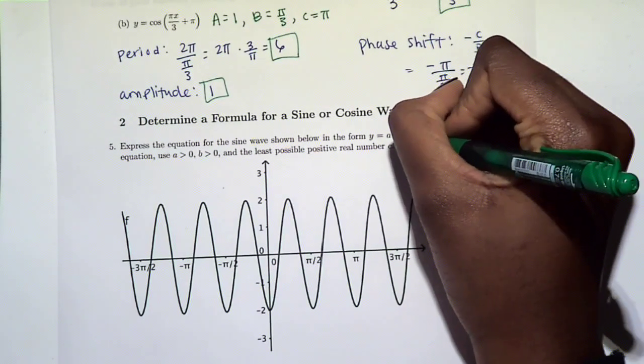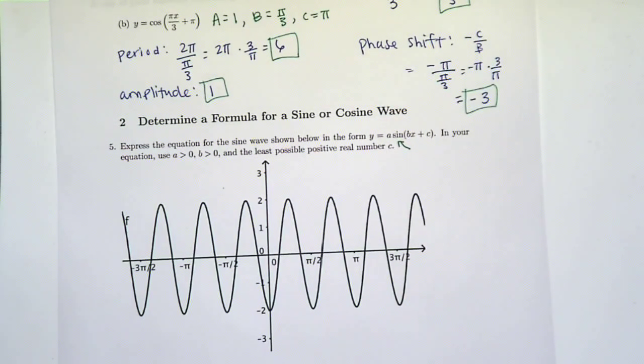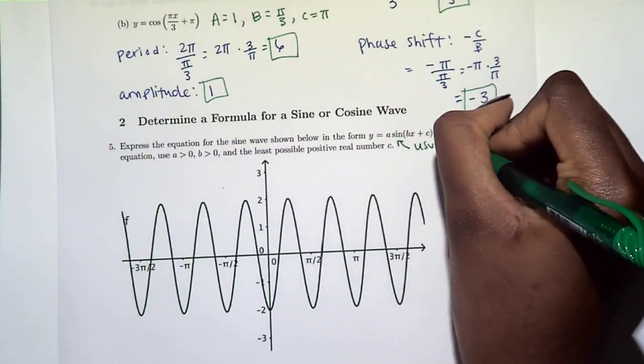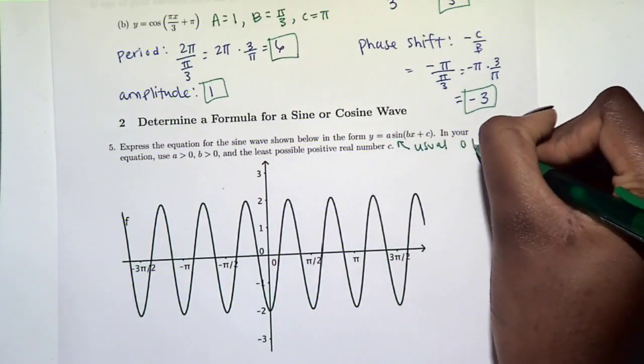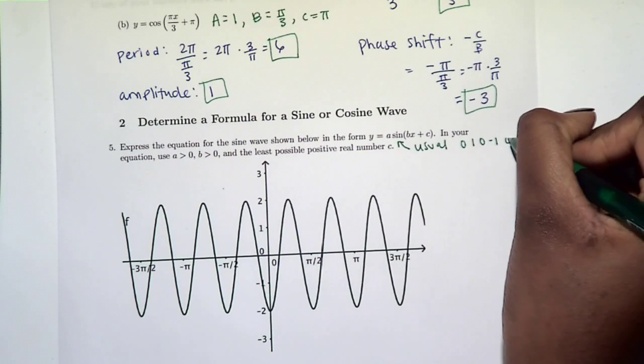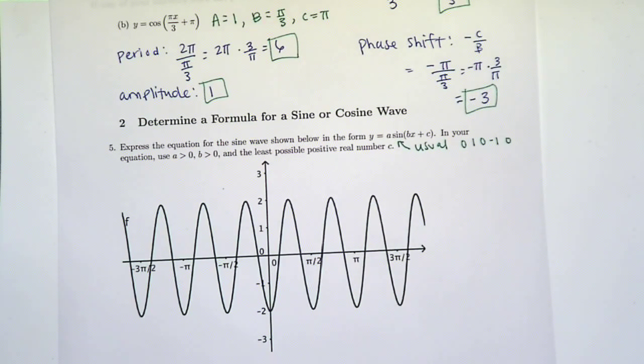All right, so this is a sine curve, so remember the usual pattern is 0, 1, 0, negative 1, 0. So we want to find where does it start from 0 and then go up, then back to 0, then to negative, and then back to 0. Well, it looks like it starts right here and ends right there.